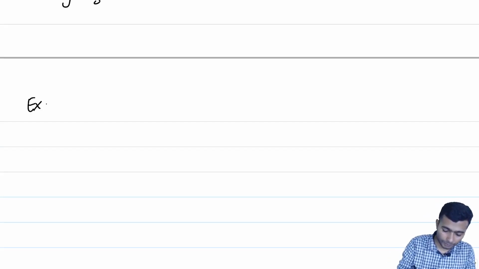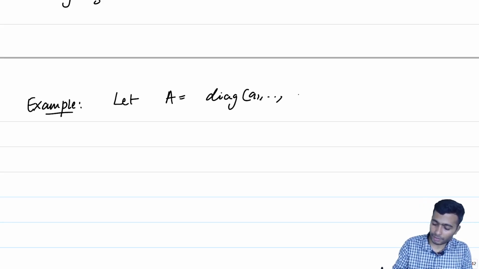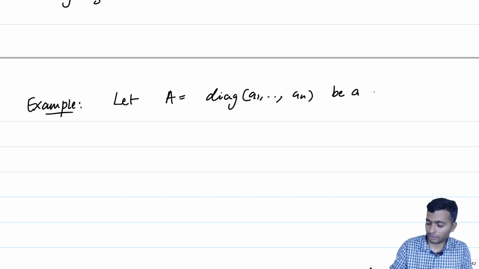In fact, let's start with a diagonal matrix. So, let A equal to diagonal of A1 to An be a diagonal matrix.